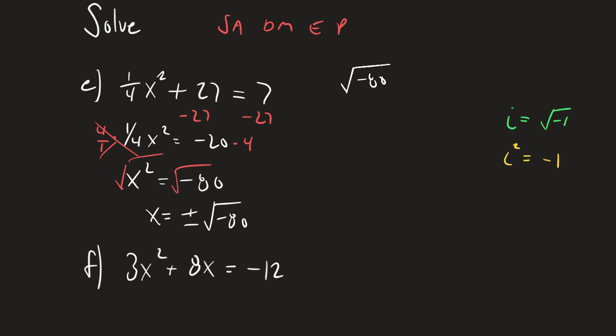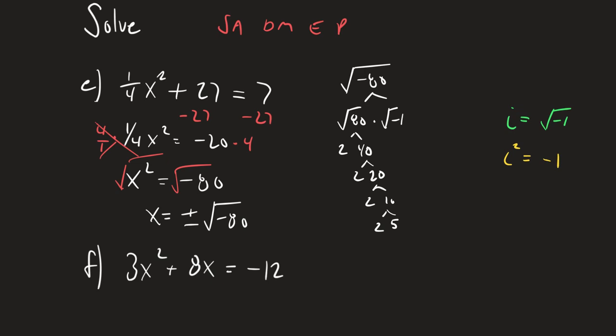So the square root of negative 80 is the same thing as the square root of 80 times the square root of negative 1. I do need to sock out the 80, which is 2 times 40, which is 2 times 20, 2 times 10, which is 2 times 5.